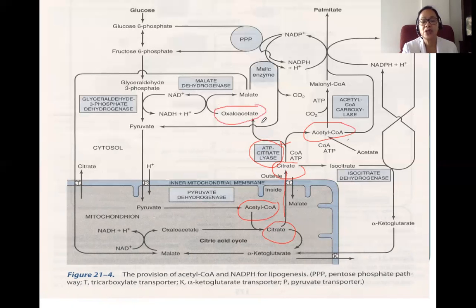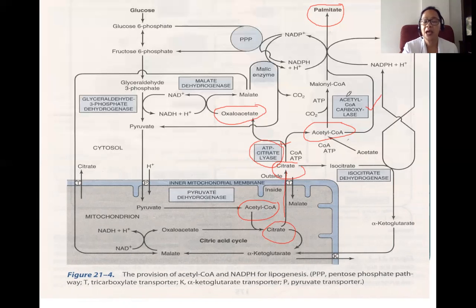Of course, your oxaloacetate will go again towards the glycolytic pathway. But what we are concerned with right now is the acetyl coenzyme A, which will proceed to the process of forming the 16-carbon palmitic acid. Once your acetyl coenzyme A is here, it is carboxylated by the very important enzyme acetyl coenzyme A carboxylase.